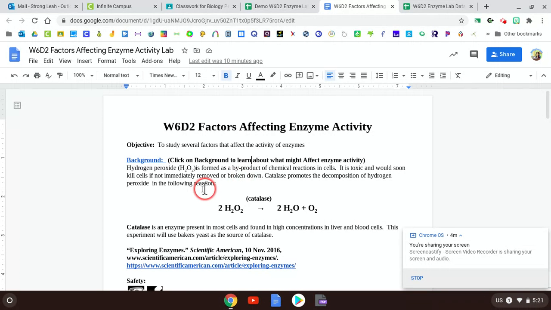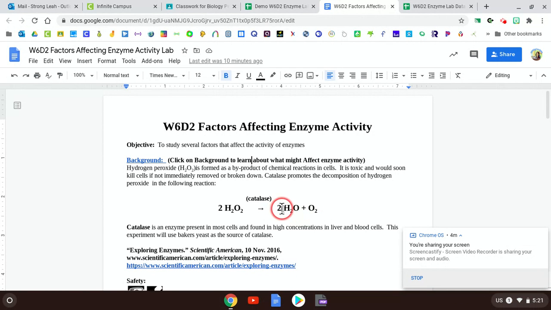All right, welcome back. So, hydrogen peroxide, we use this on Monday or Tuesday with our livers. When we put the hydrogen peroxide on there, which the liver is the catalase, it ended up producing water and oxygen.